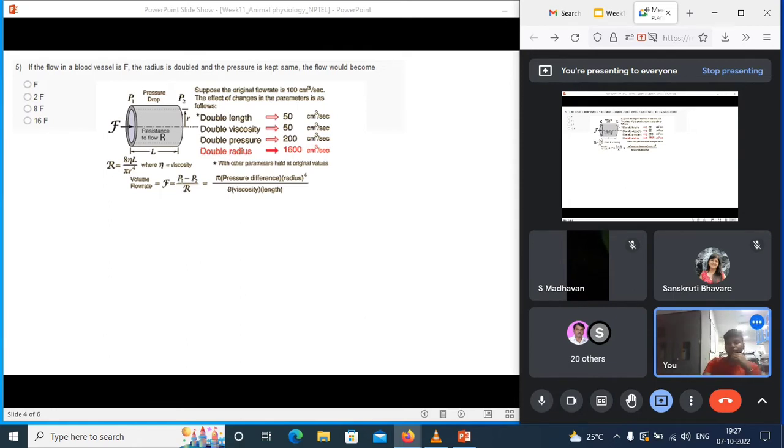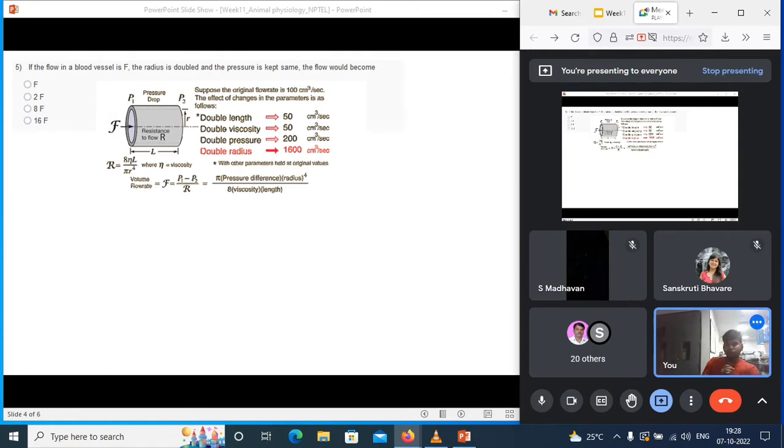So there are several points you need to understand about what we are doing. Suppose we are increasing the radius, so the radius will be 2r. The cross section at a particular point is equal to pi r square, right?